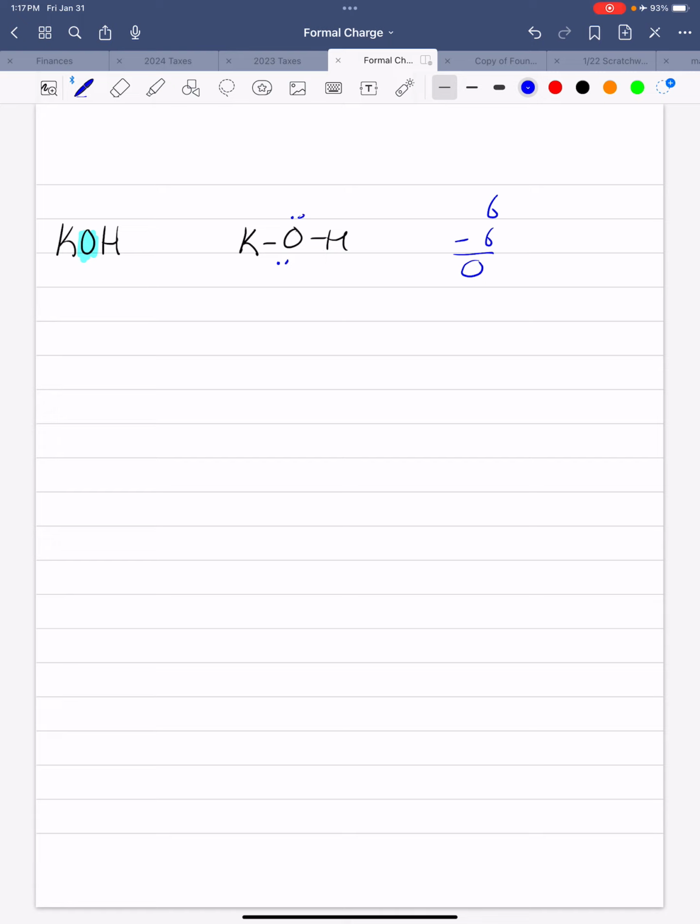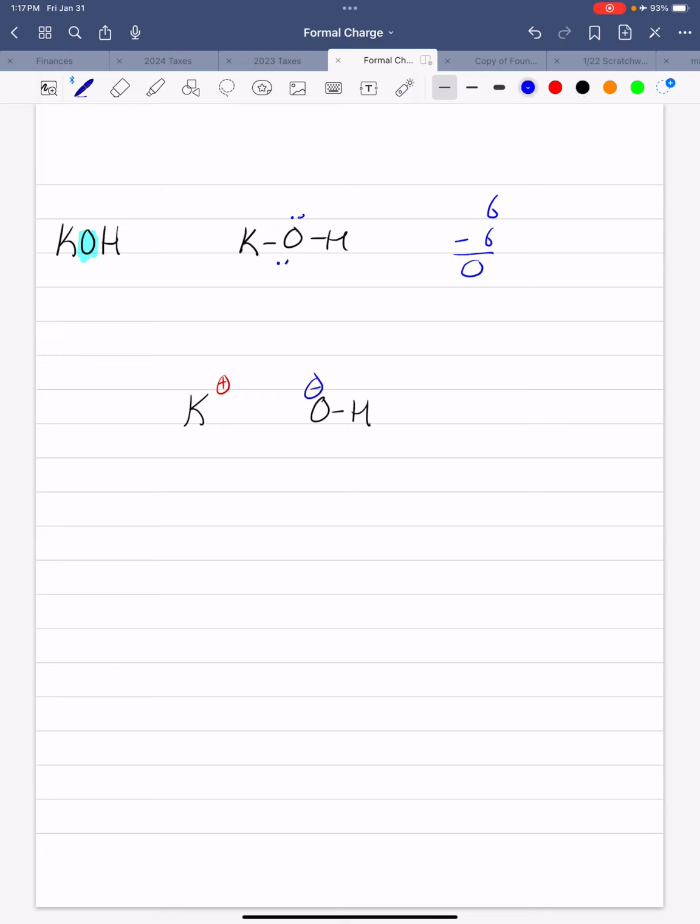The reason is that the bond between potassium and oxygen is not covalent. It's an ionic bond. So go back to Gen Chem, where we learned about things like cation and anion. What potassium is in this case is a cation. And then collectively, hydroxide, where there is a covalent bond between O and H, is your anion.